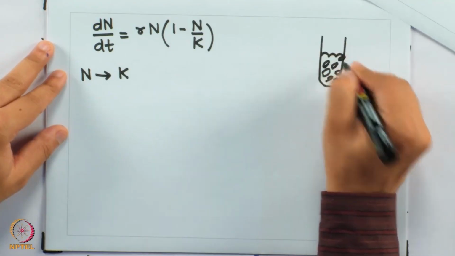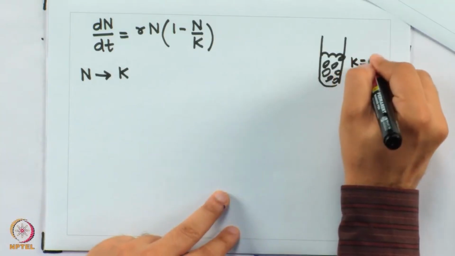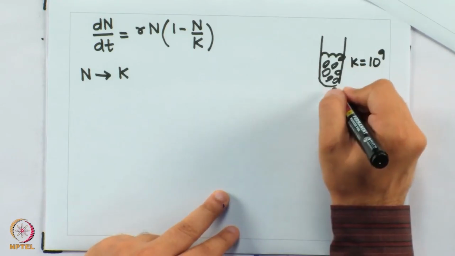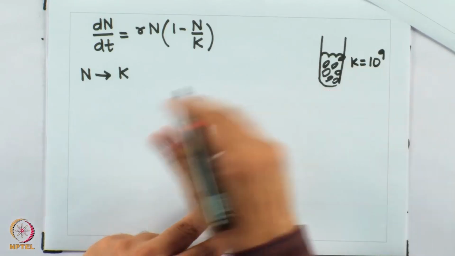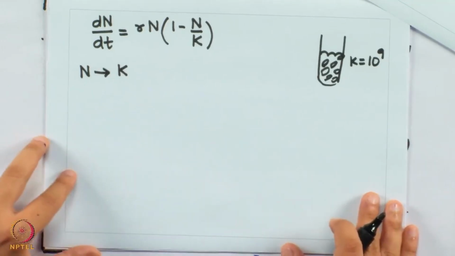So there is not much room for bacterial growth anymore. K is equal to 10 power 9, which is the maximum number of individuals that can be supported in this environment, and now my number of bacteria is also approaching K.